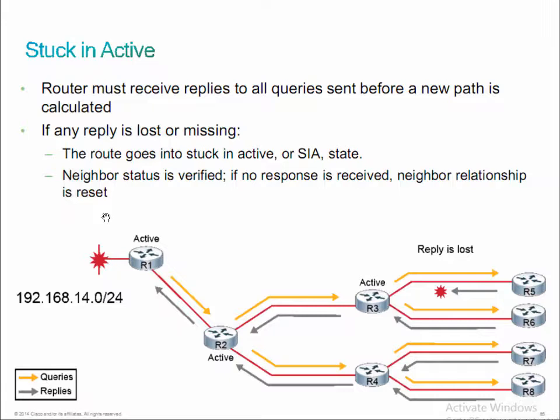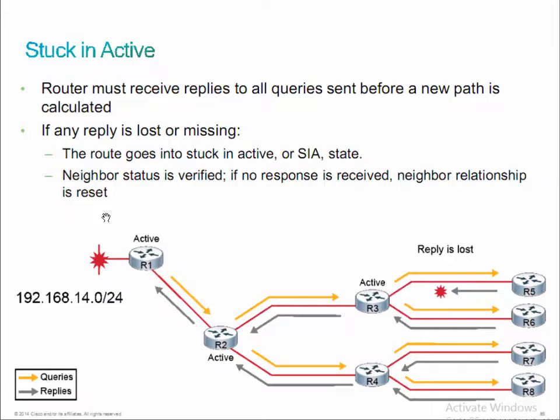All right, that means we're in an active process, and we're now trying to find an alternate path, and I'm querying all of my neighbors to be able to try and identify that alternate path. But let's say I query 10 different neighbors, I need to get a reply from all 10 of those neighbors before I decide on what I'm going to do.